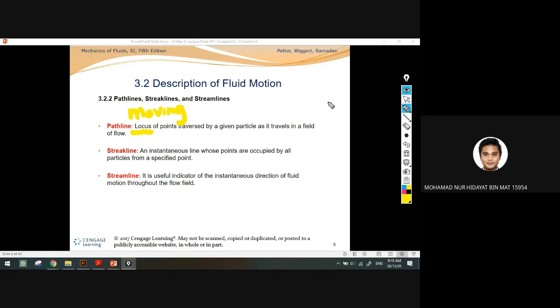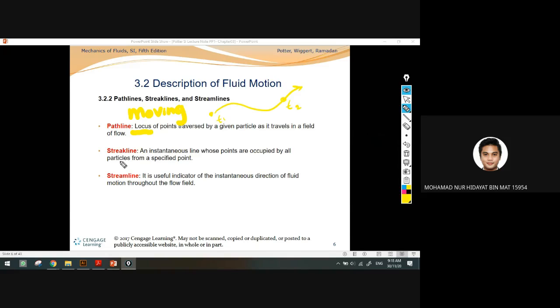So for example, this is your particle, and then this particle flows. You can see the locus of this one particle moving. This is time 1 and this is time 2. It is moving, so we call it the path line.